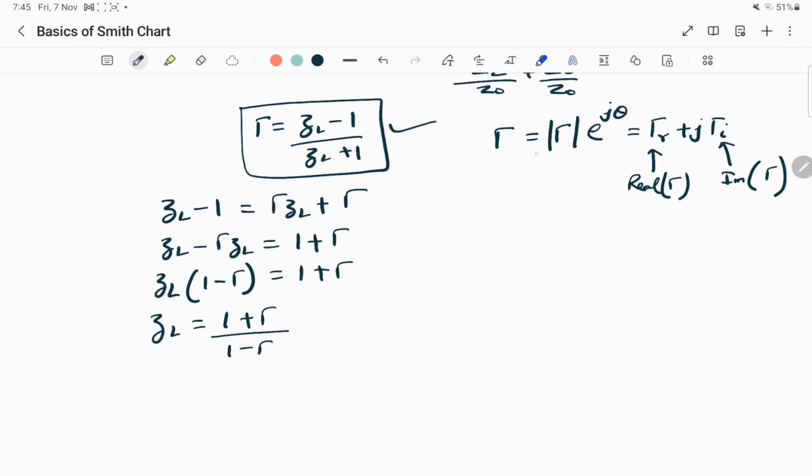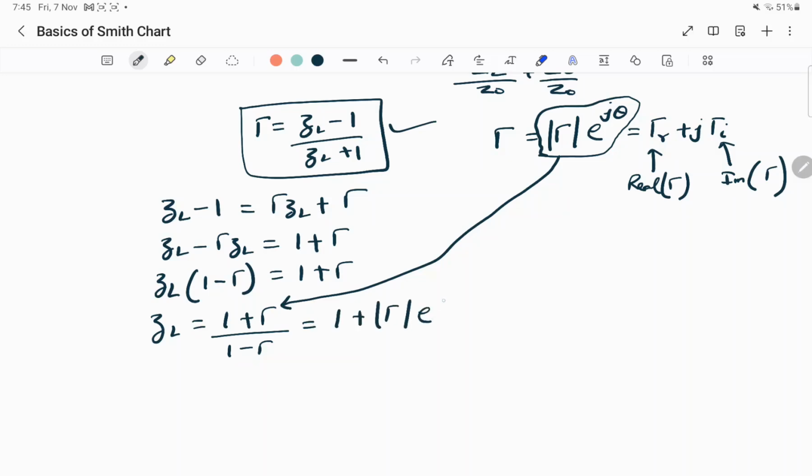Now if you substitute the value of gamma in the phasor form, you will get 1 plus mod gamma e to the power j theta divided by 1 minus mod gamma e to the power j theta.